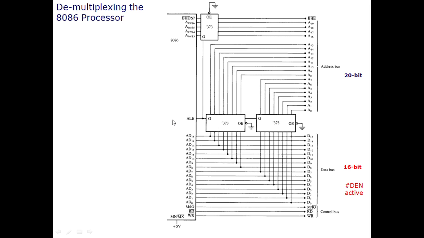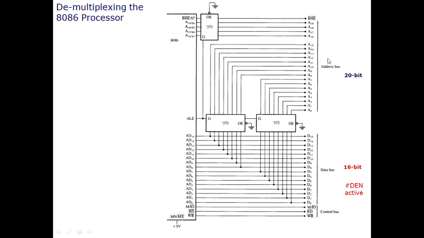When the microprocessor needs to send address through these multiplexed pins, address latch enable is set to 1 for a while, so that the address is put on the buses.